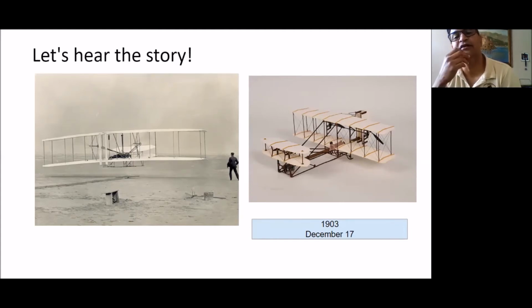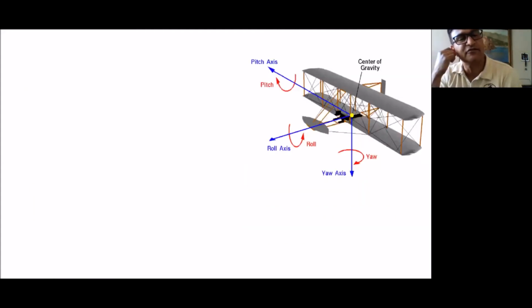Just with wood, spruce wood and turp, they made a plane. Today, planes are so sophisticated, and we can't even think about having a plane like this, right? It's so fragile, and it's incredible. This thing flew. It's interesting to know about these. So read about the inventions. That'll be great for you guys.